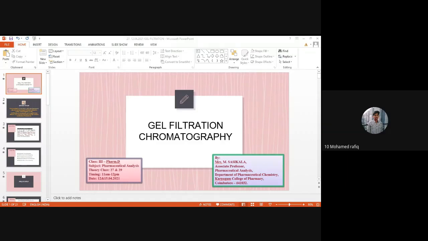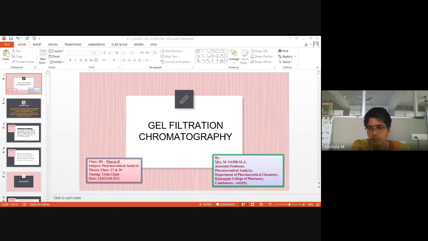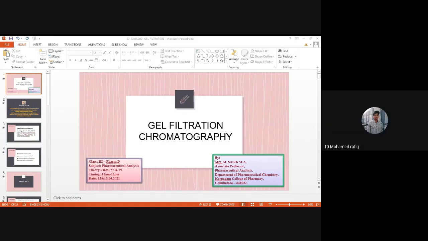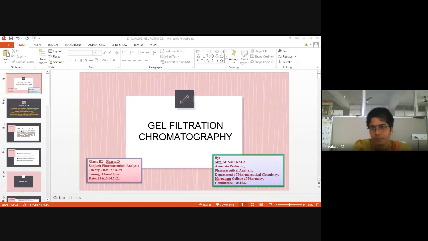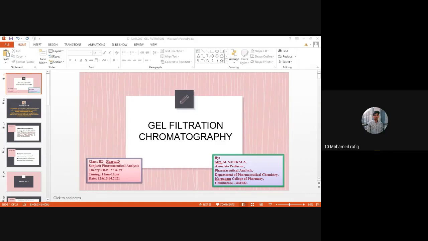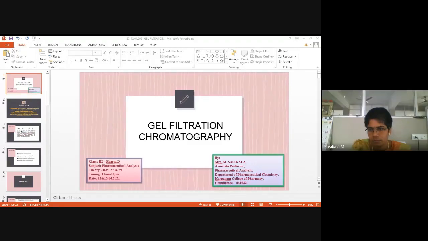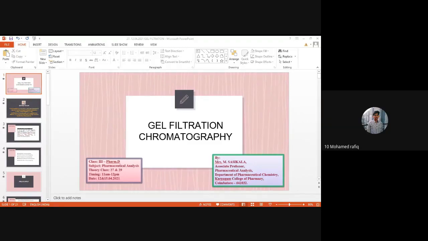The other names are gel permeation chromatography, size exclusion chromatography, molecular exclusion chromatography, and molecular sieve chromatography. The principle: heavy molecules are separated fast and light particles are separated slowly. It is based on molecular size and hydrodynamic volume of components.